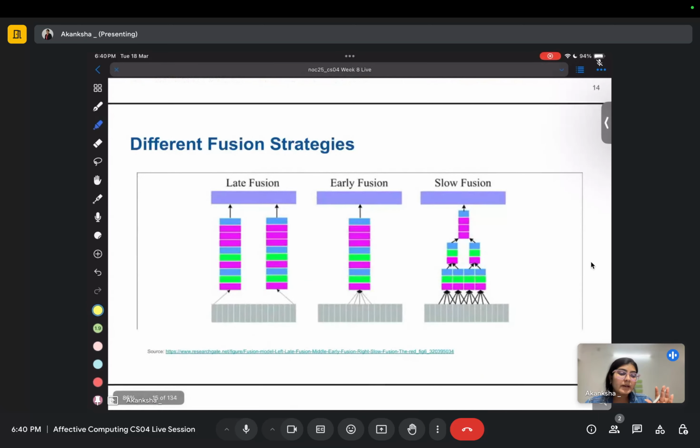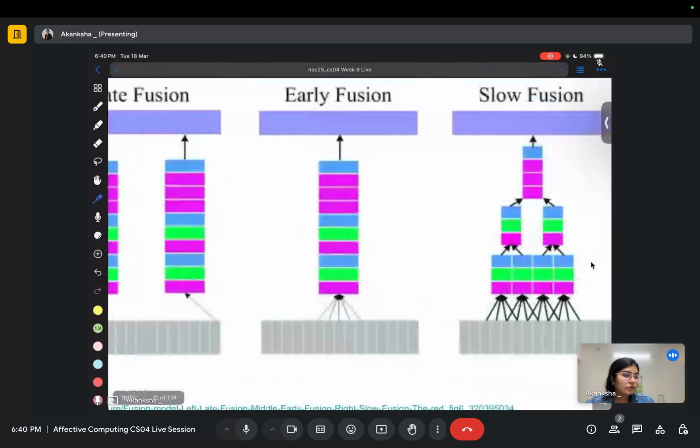Now, just to summarize the process, these are a few strategies to combine. We have talked about early fusion. In the coming slides we will talk about late fusion and slow fusion as well. I hope early fusion is clear, and let's go through it one more time.